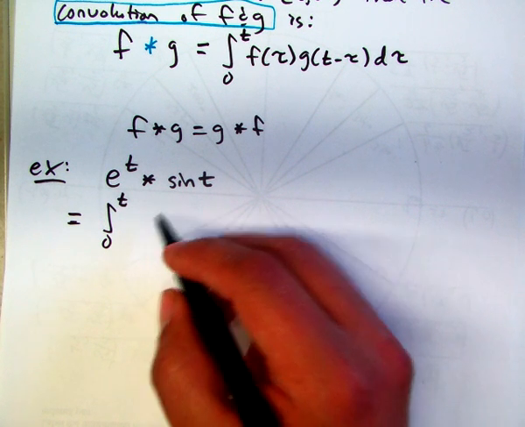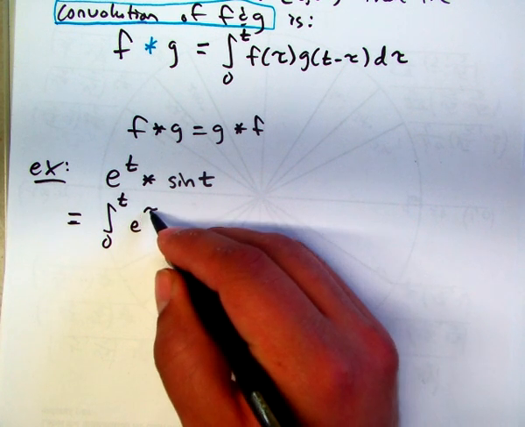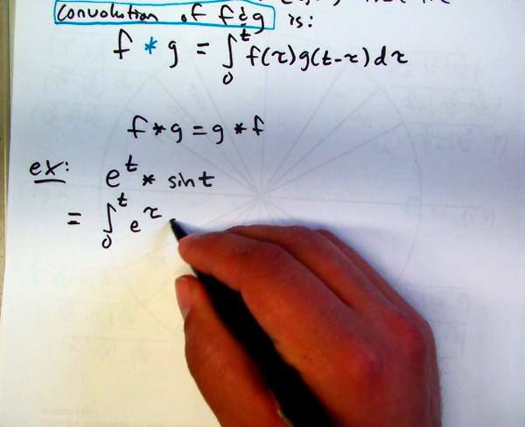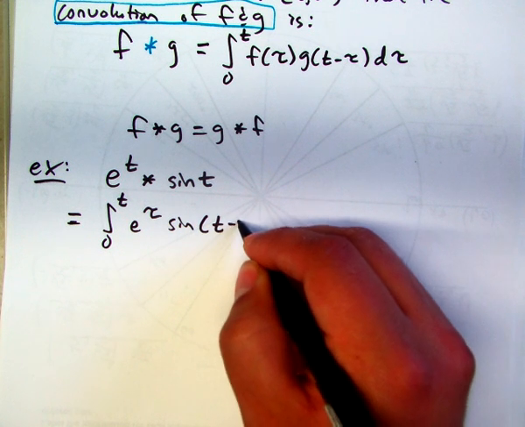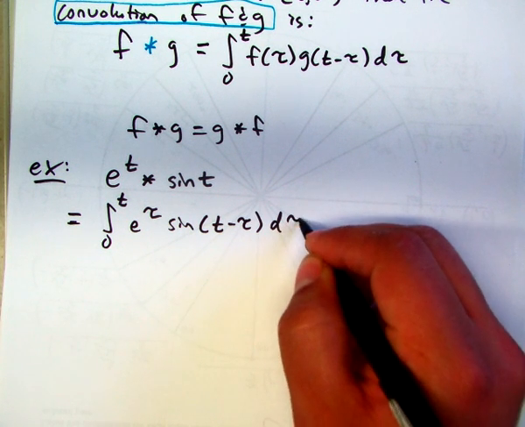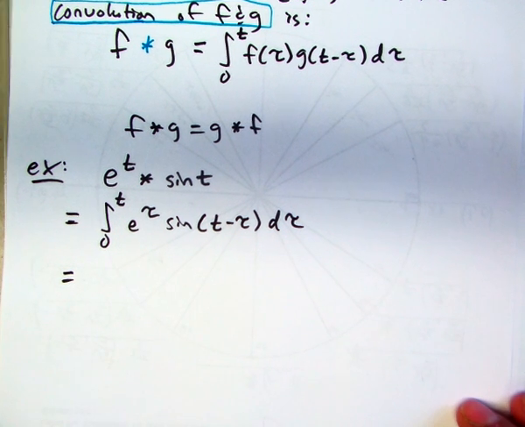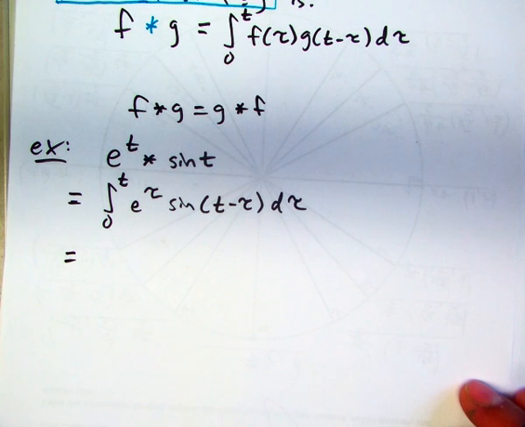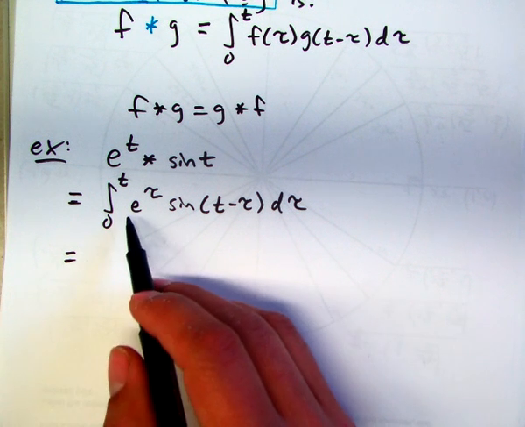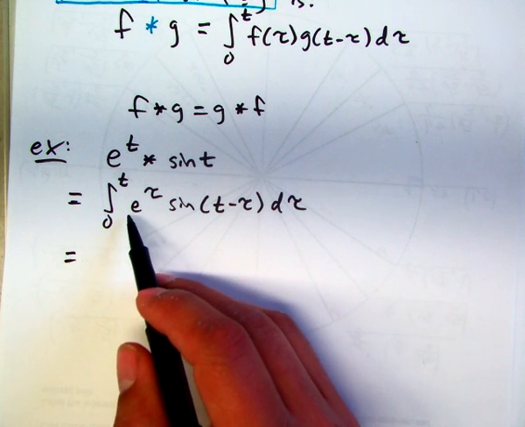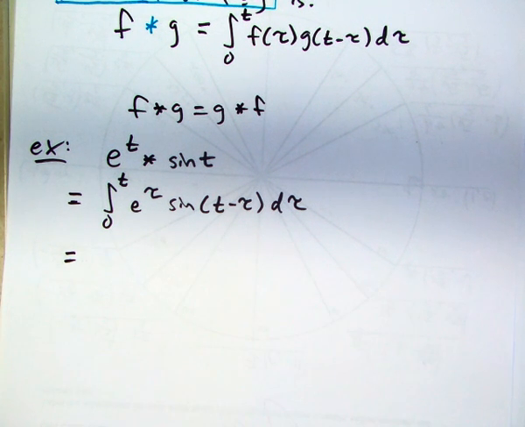So this would be e to the tau. Okay, and then this looks kind of like those transforms from before when you had the exponential with sine. So you're going to have to do integration by parts.